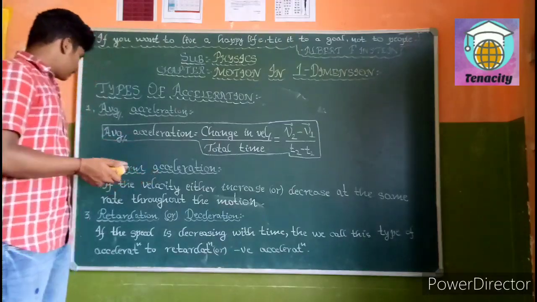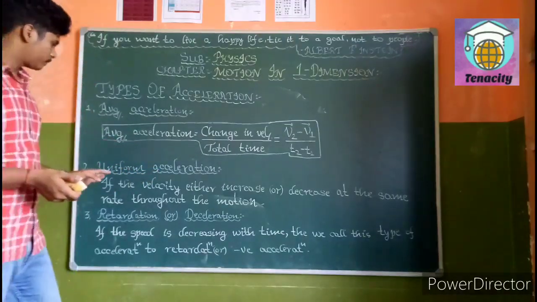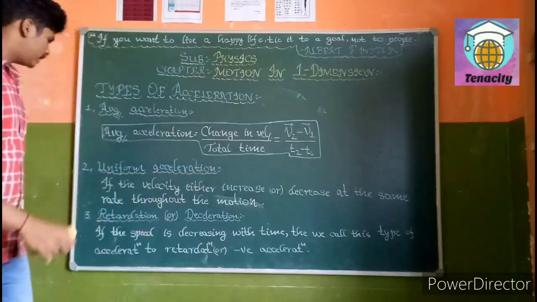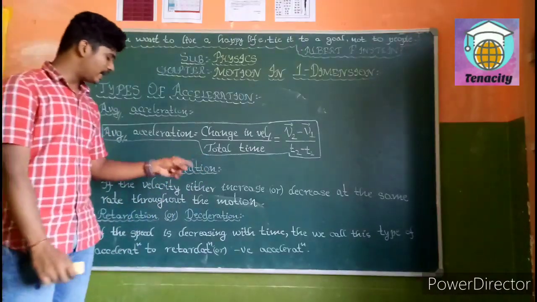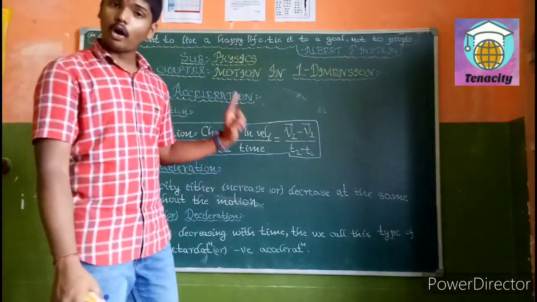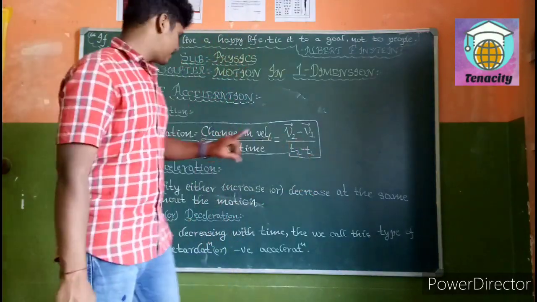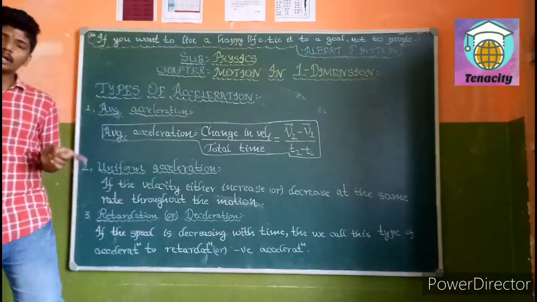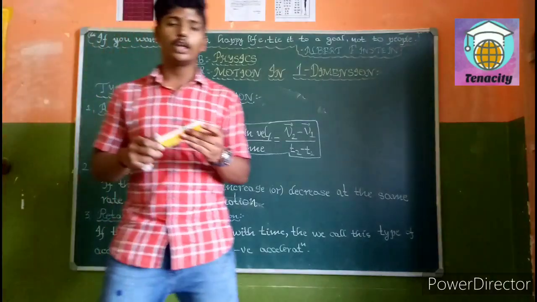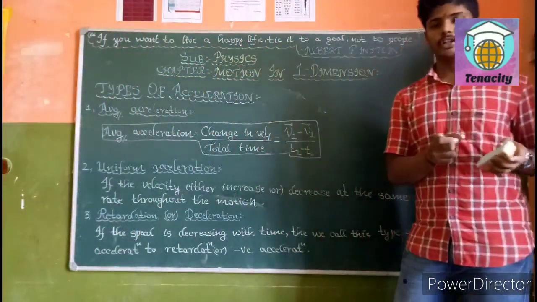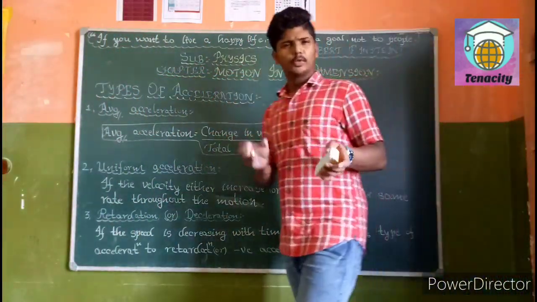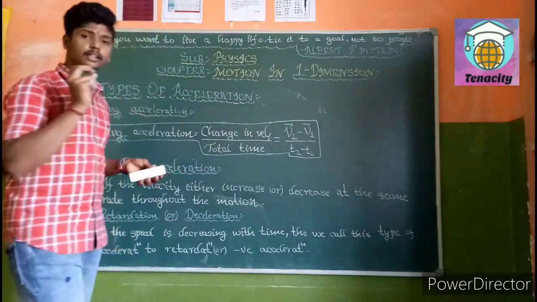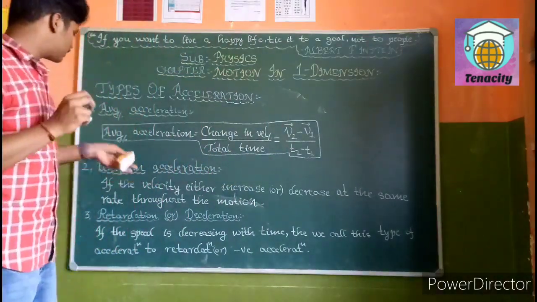Uniform acceleration, the definition is given here: if the velocity either increases or decreases at the same rate throughout the motion, then we call it uniform acceleration. Hope you are getting the point I am telling in this definition.